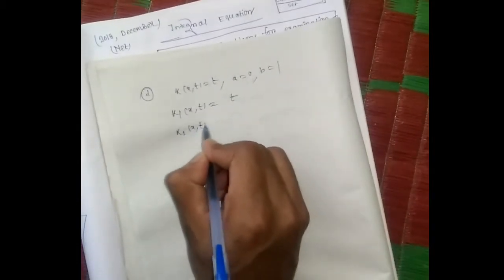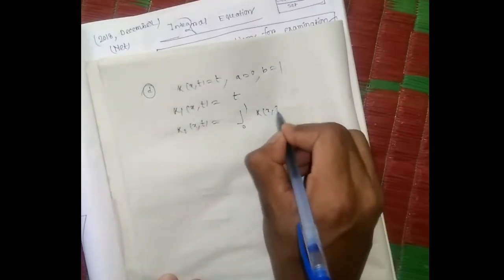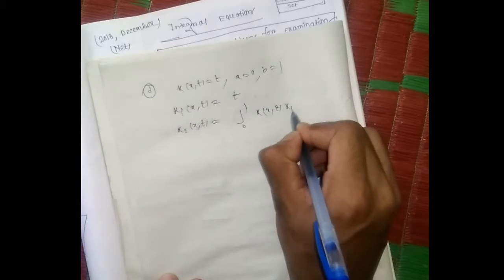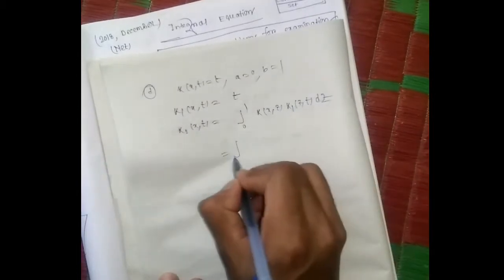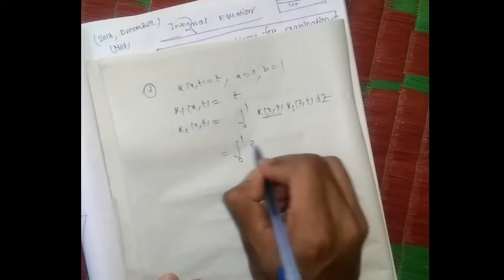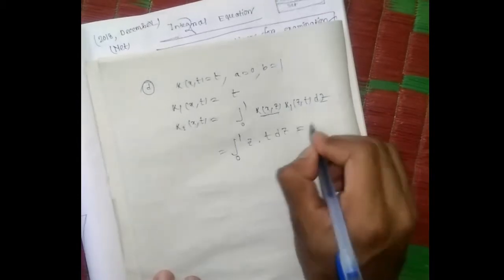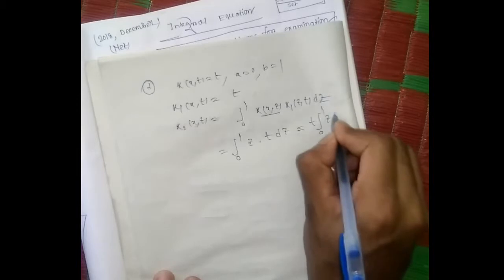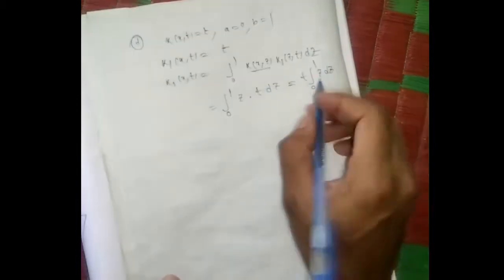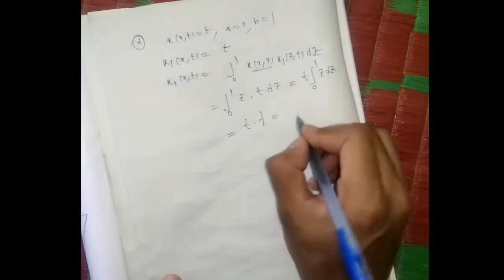So k2(x,t) equals the integral from 0 to 1 of k(x,z) k1(z,t) dz. So this is the integration over 0 to 1, this is z, and this is t dz. So this is nothing but t times the integral from 0 to 1 of z dz. So this is t into half, that is t by 2.